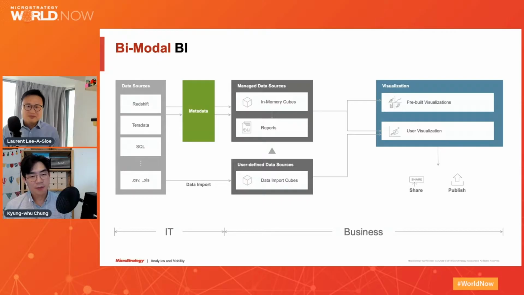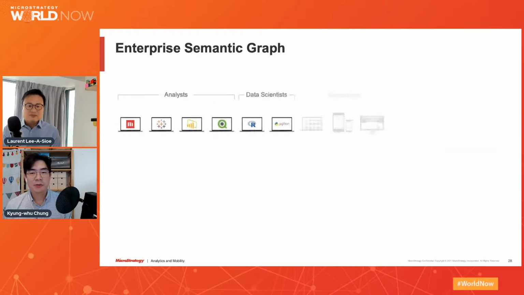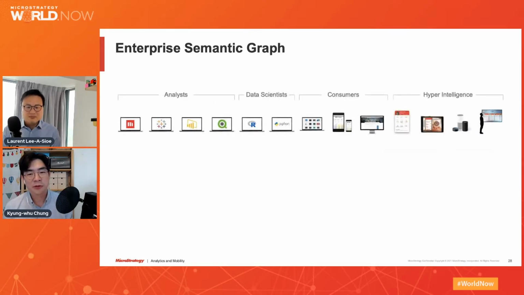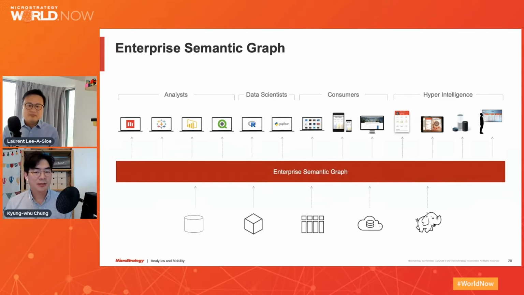Absolutely. In fact, let's take a step back and think about the semantic graph. Basically what it does is link so many different use cases, so many different personas and technologies with the data. To link the data, we need to solve the data governance problem, the system governance problem, and all of those. And the semantic graph is exactly doing that. It's the middle layer that sits between the application and the data.